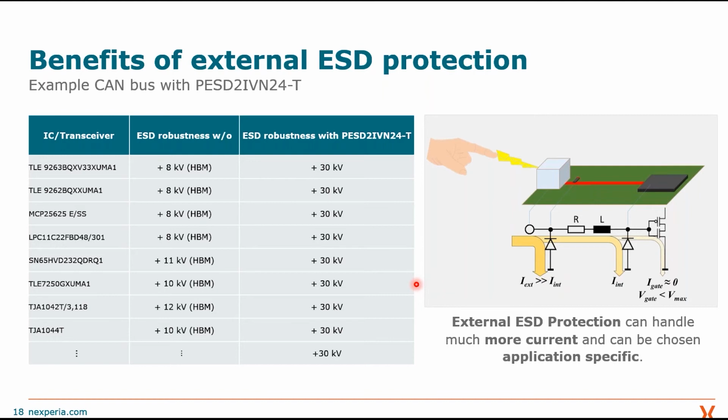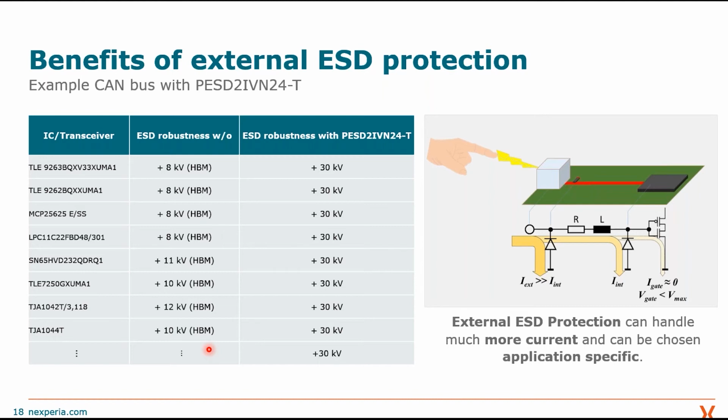To show you some real numbers, we made these tests with several CAN transceivers, which you see here on the left side. We did the test without and with an external ESD protection, and we see that without an external ESD protection, the ICs behave differently.